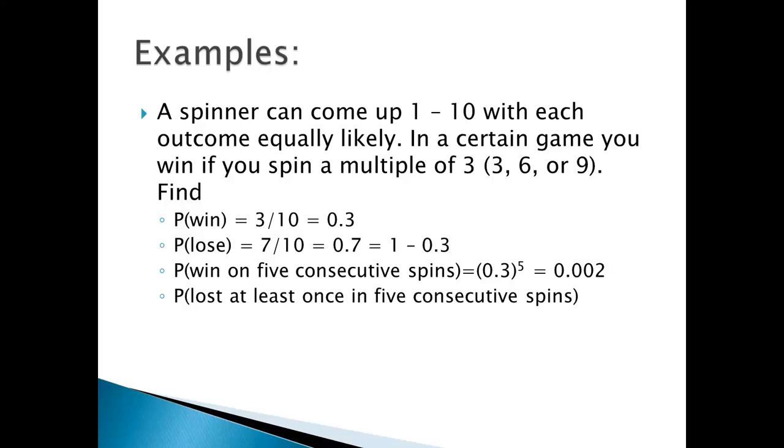And that's why you multiply the 5 spins. The probability that you lose at least once in 5 consecutive spins, well, that's 1 minus the probability that you won on all 5. So 1 minus 0.002, and that's 0.998.